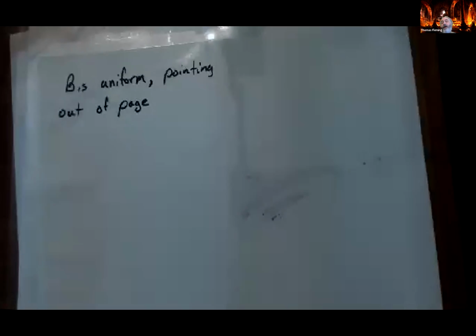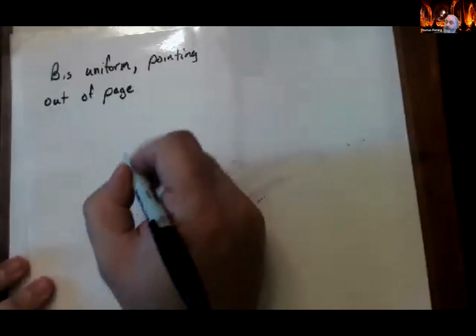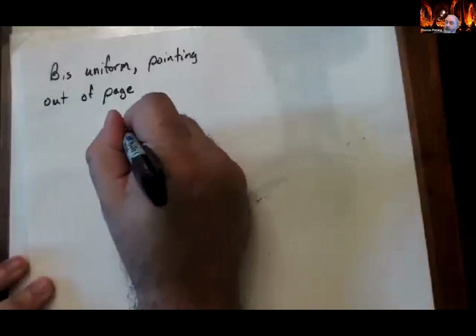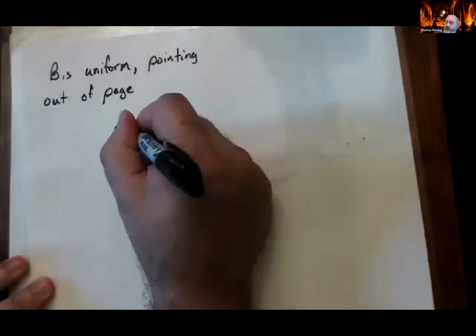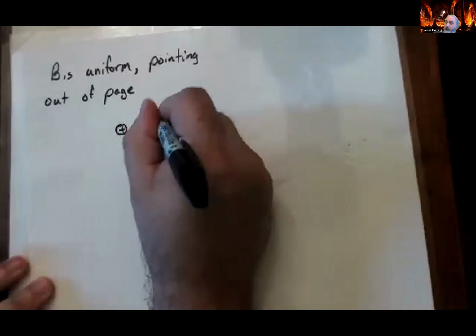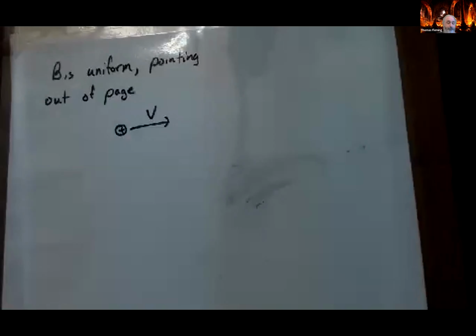And let's take a positively charged particle and let's give it a velocity to the right. And I want to know, how does that magnetic field affect the motion of that particle?